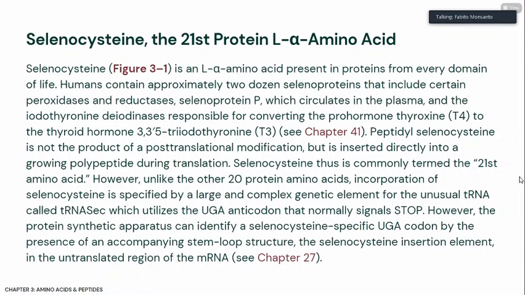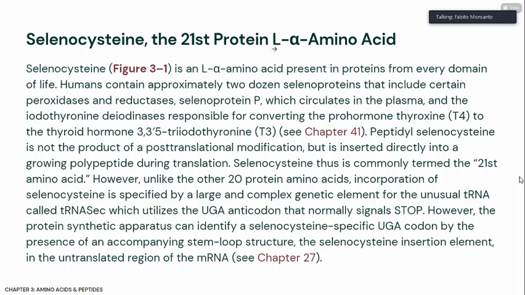Now, this one, selenocysteine, is now considered as the 21st alpha L amino acid. So we have here an L amino acid.